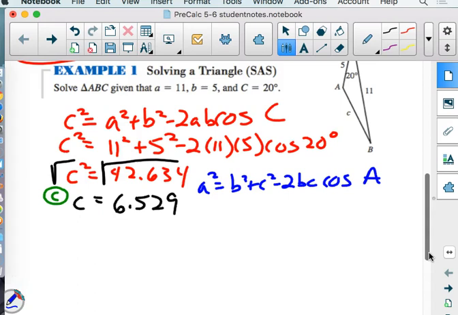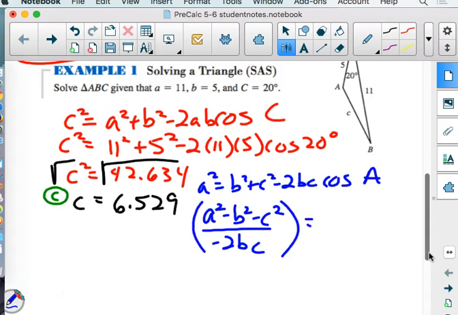So I realize what I really want is this capital A. So I'm going to have to subtract B squared and C squared, and then I'm going to have to divide by negative 2BC to get me the cosine of A. Wait a minute, I don't want the cosine of A. I want to know what the measure of angle A is.